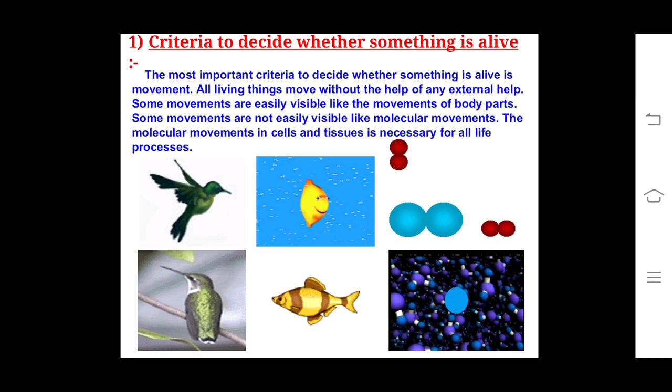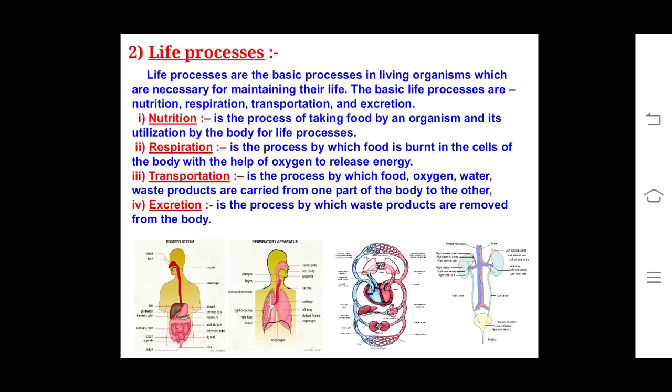So now you can understand that living things move. Also, living things grow, reproduce, respond to stimulus, respire, and excrete. These are some other criteria by which we can know which is a living thing and which is a non living thing.